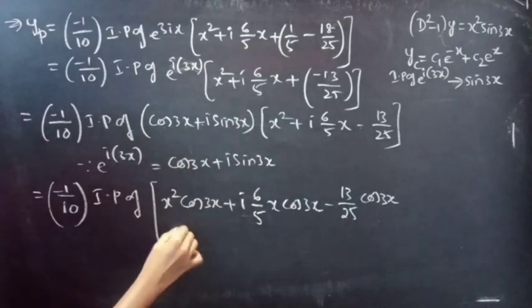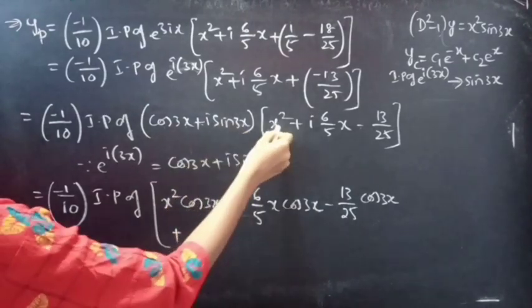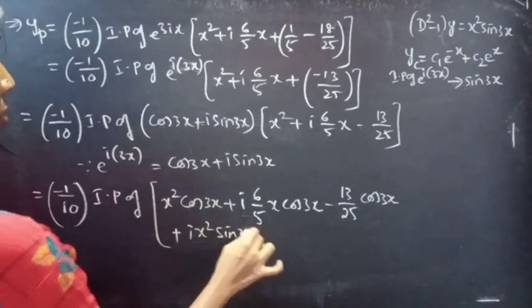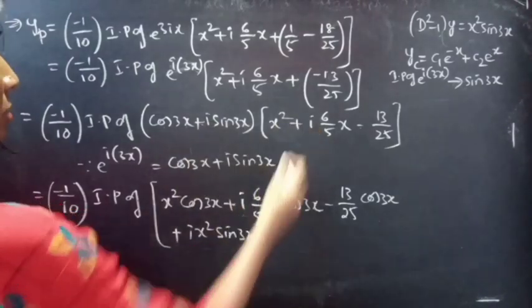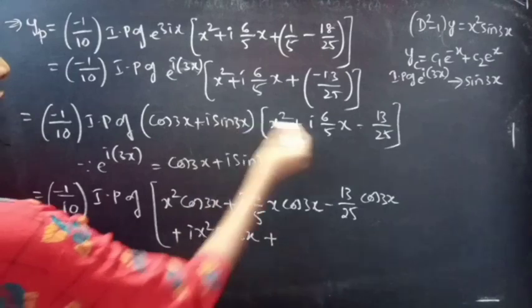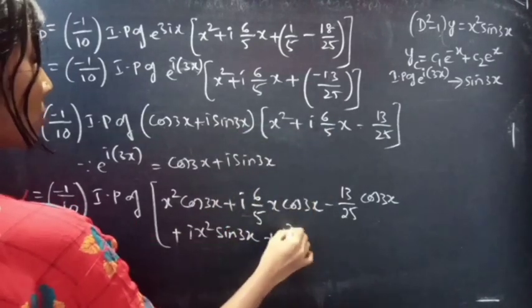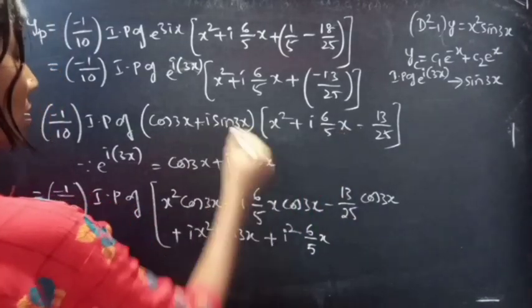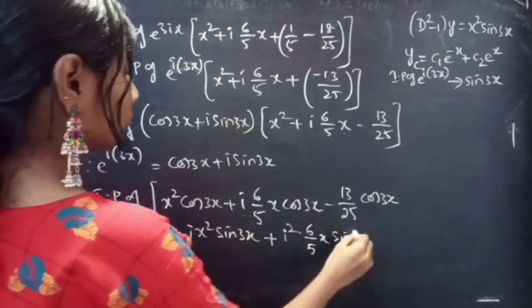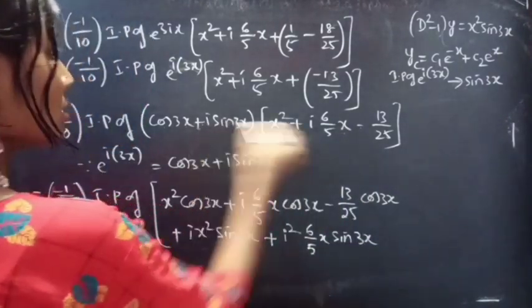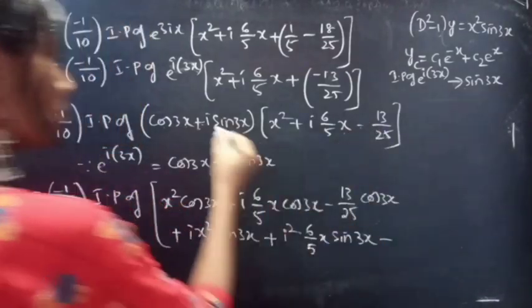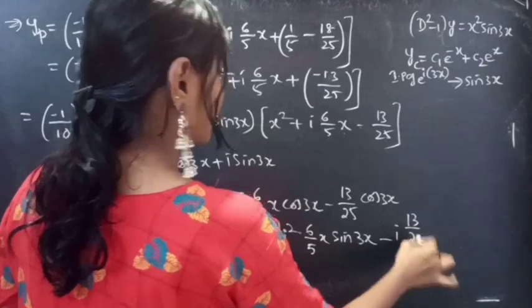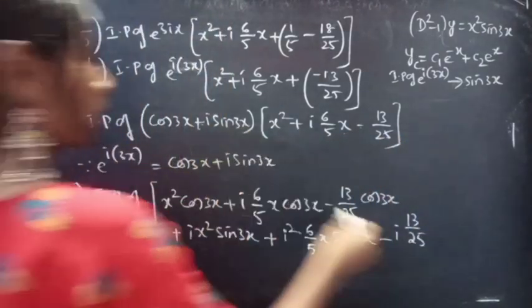Plus i sin 3x into x square is i x square sin 3x, plus i square into 6 by 5 x into sin 3x, plus minus i into 13 by 25 into sin 3x.